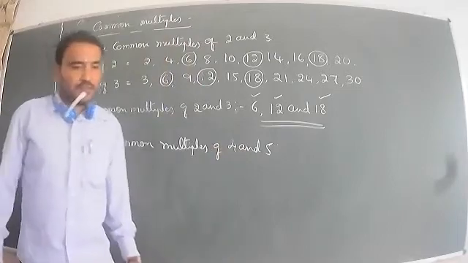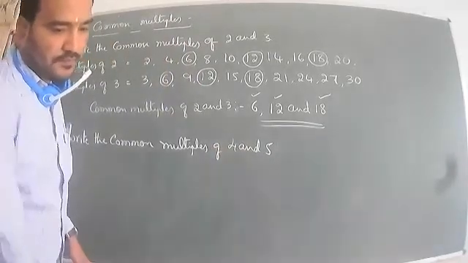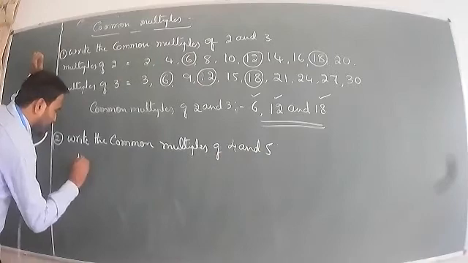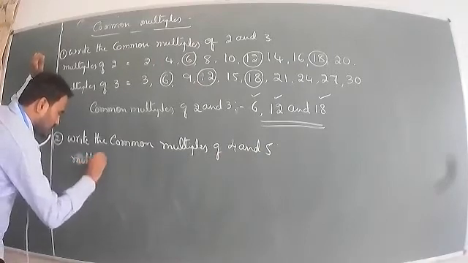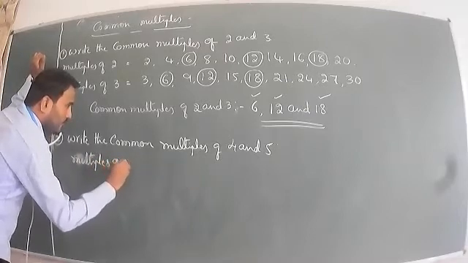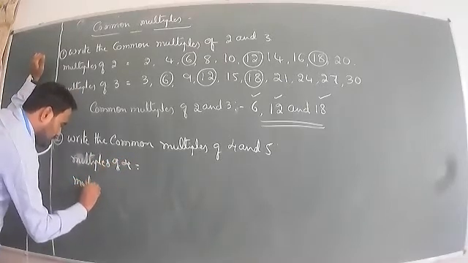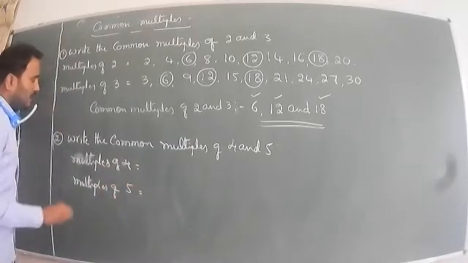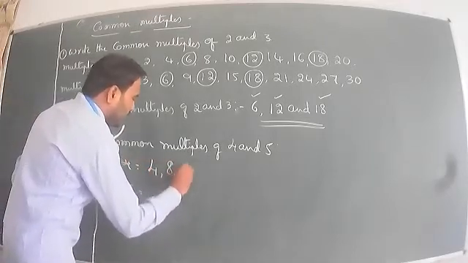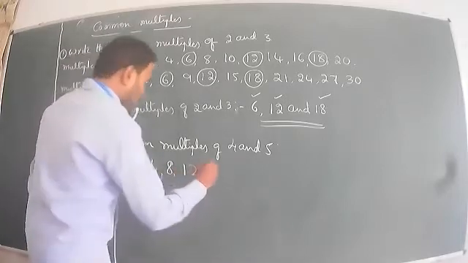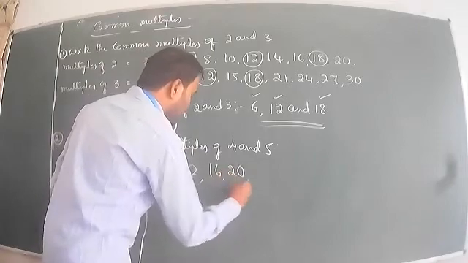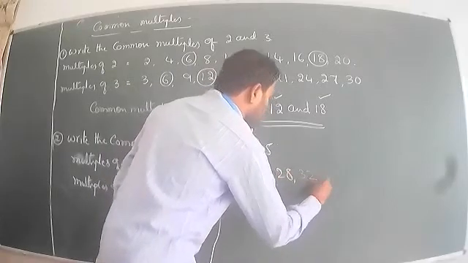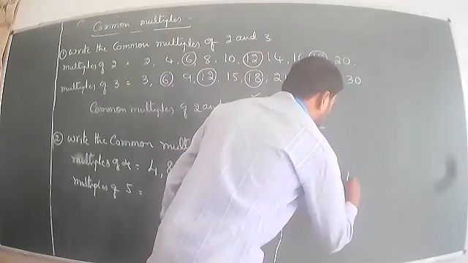First, the multiples of 4: 4 1 the 4, 4 2 the 8, 4 3 the 12, 4 4 the 16, 4 5 the 20, 4 6 the 24, 4 7 the 28, 4 8 the 32, 4 9 the 36, 4 10 the 40.